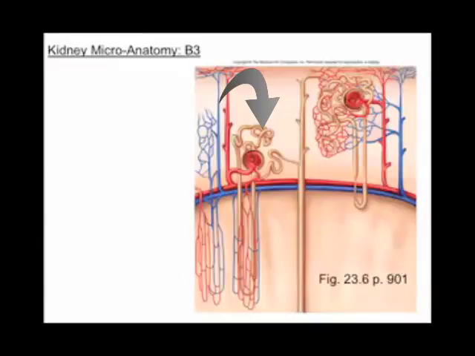Convoluted because it's all twisted and folded. What we'll see is that tubule kind of straightens out and dips all the way down into the medulla, or part way down into the medulla, just depending on the type of nephron it is.